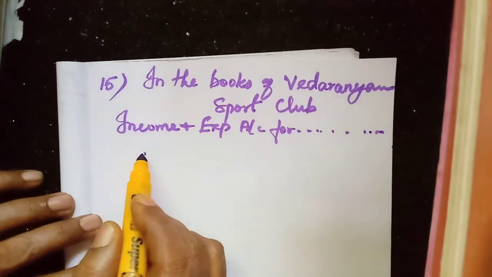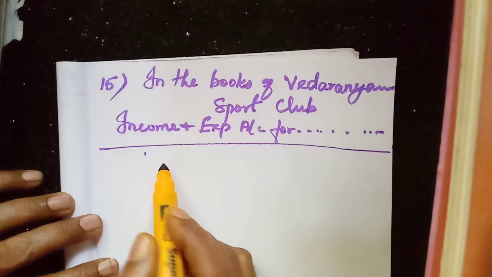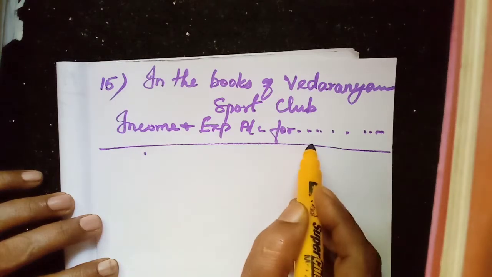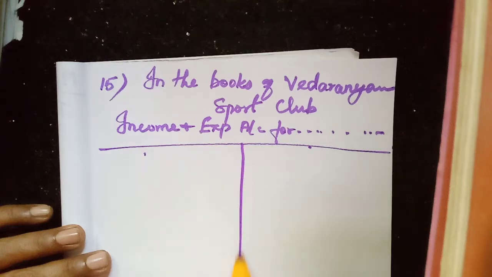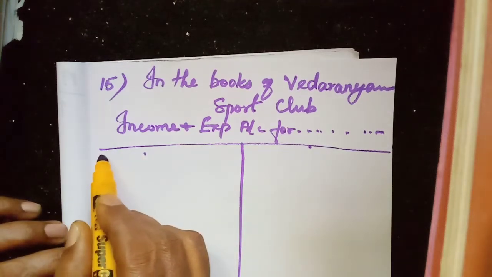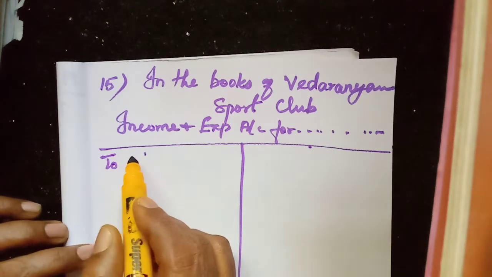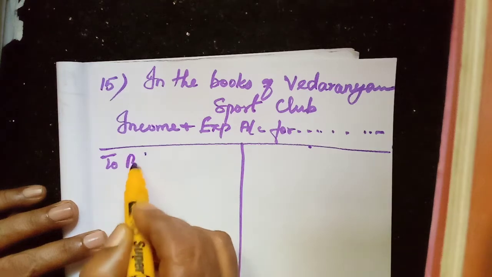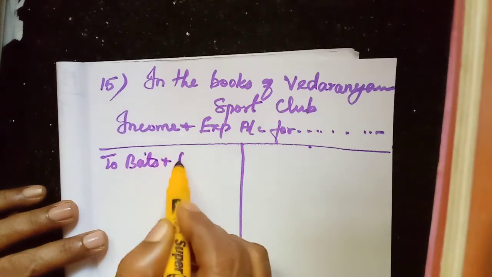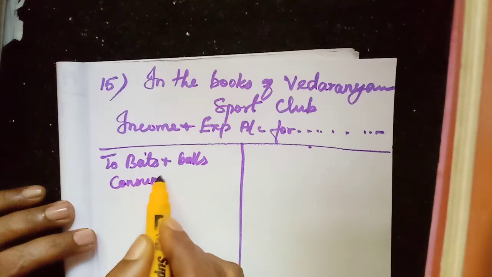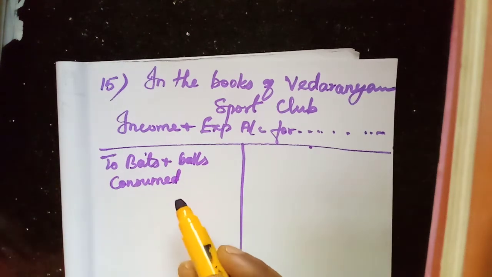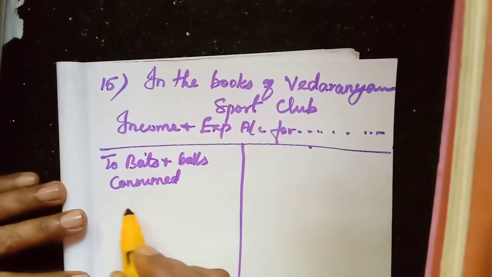Now, debit side only we should write more, isn't it? No, sale of old bats and balls is also there. So 2, bats and balls consumed. Okay, we will write opening stock.